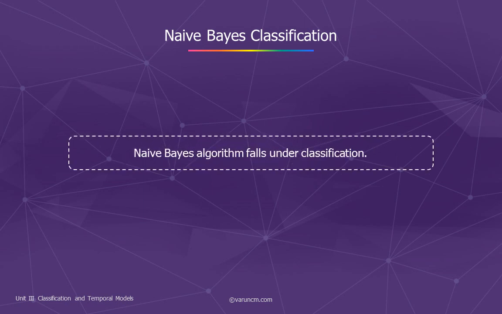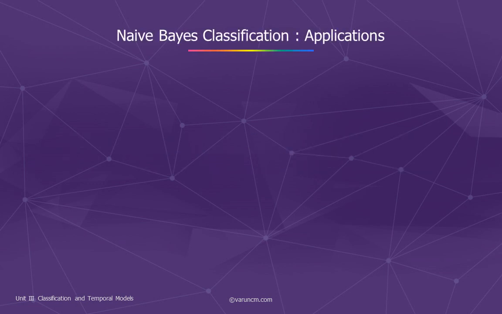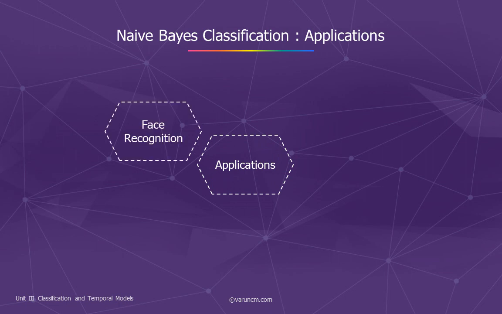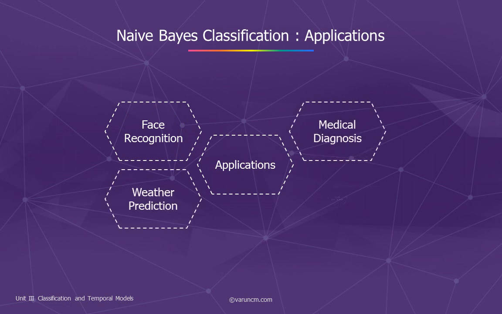Now we are going to use that Bayes theorem in the Naïve Bayes classification, and this falls under the classification function, where you can use it in face recognition, weather prediction, medical diagnosis, and news classification.